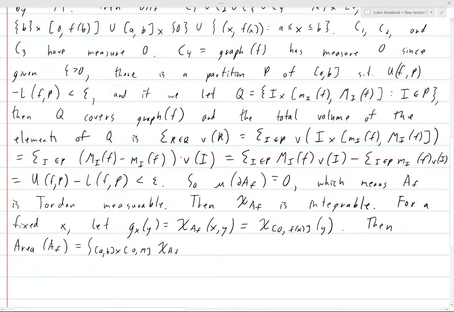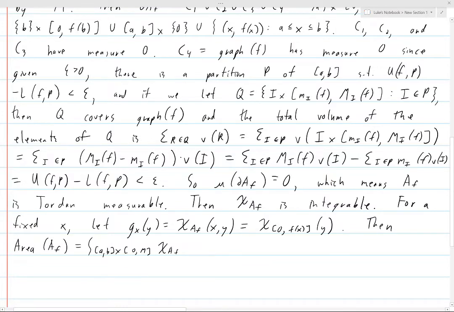Oh man, I should have looked back to see what they put at the end of the integral here. I'm just going to leave it blank. But anyway, this is going to be the integral from a to b, integral from 0 to m of g(x,y) dy dx.